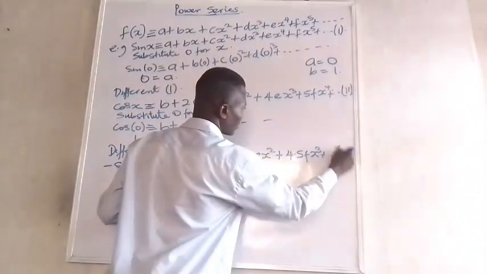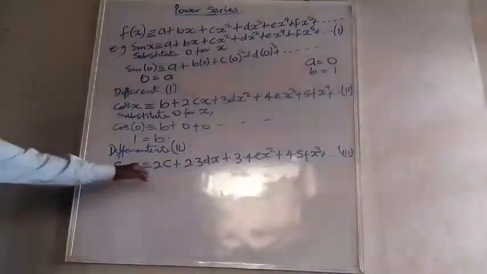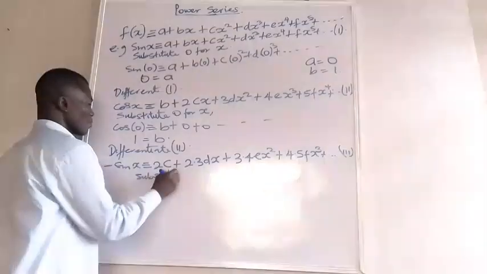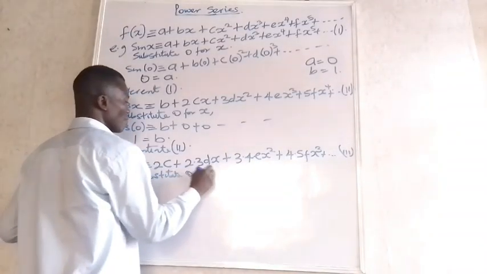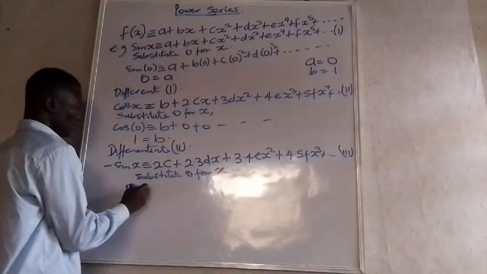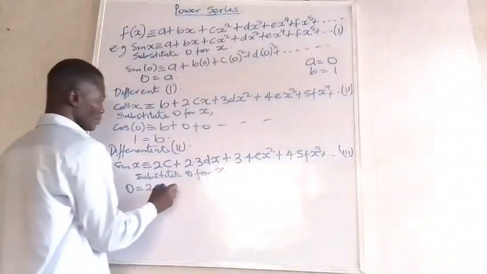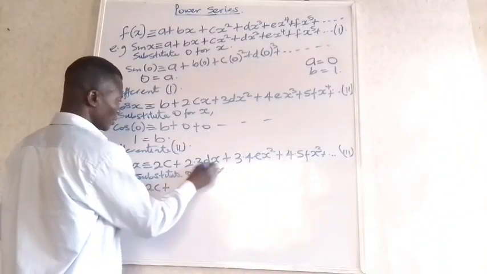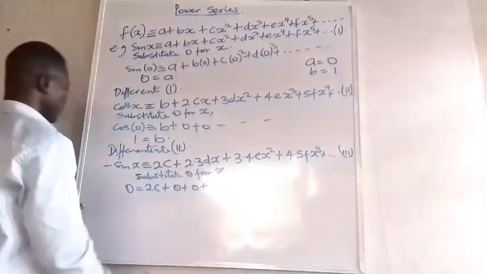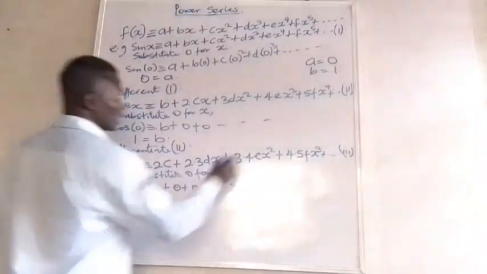Let's call this 3. Now, let's substitute 0 in this place again. So what do I have? I have this one to be 0, 2c plus all these other ones to be 0. So which means that c equals 0.